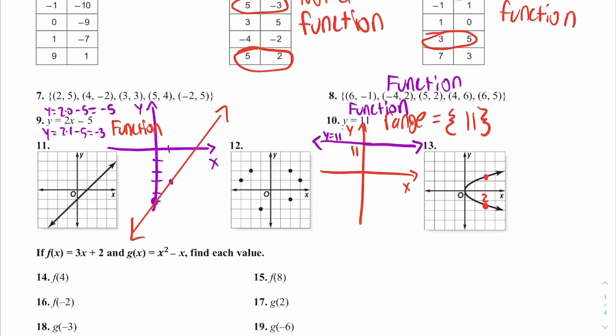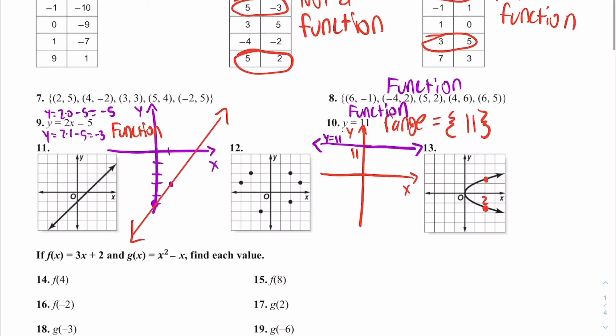So does the number 2 for x, because we're talking about x's, does it show up more than once with 2 different y's? Remember, the y's go up and down. So here, if I drag a dotted line, and a dotted line, we have -1.8, positive 1.2.